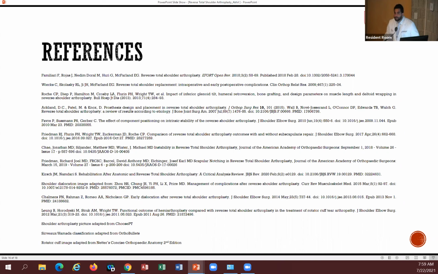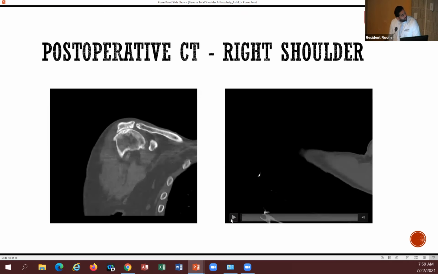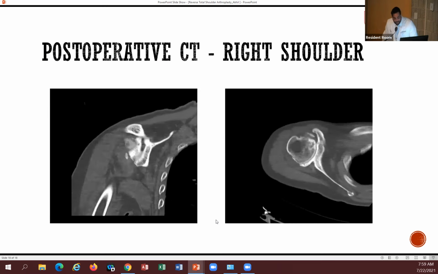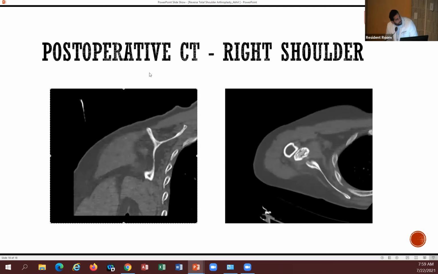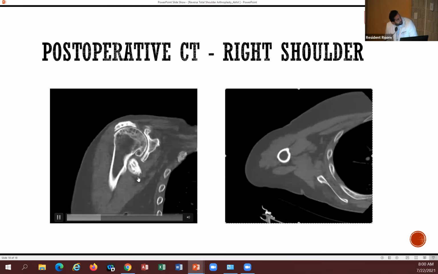How did your patient like her right shoulder? She seemed to like it really well. So this is a post-operative CT scan of her right shoulder. The reason why she got a hemi on that side was because she had a really large osteophyte that precluded a reverse shoulder replacement.